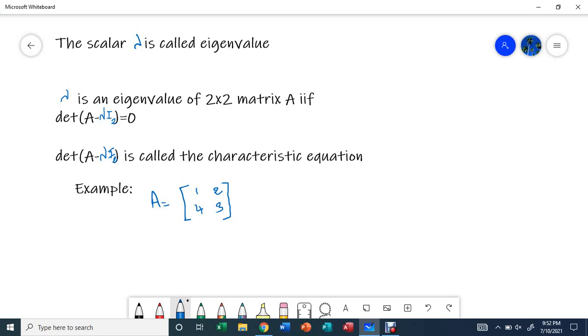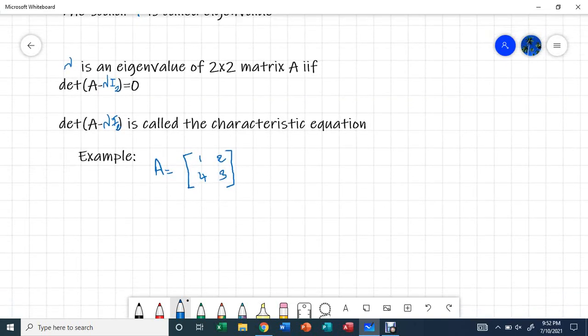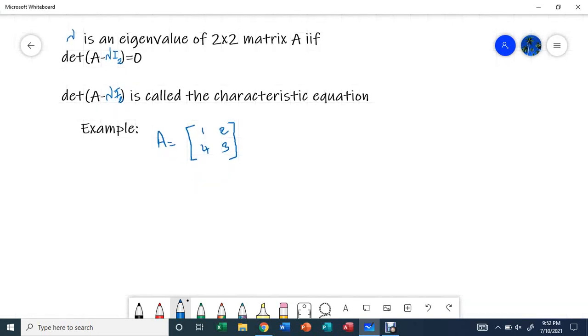Let's find the eigenvalues first. We start with the determinant of A minus lambda I2.